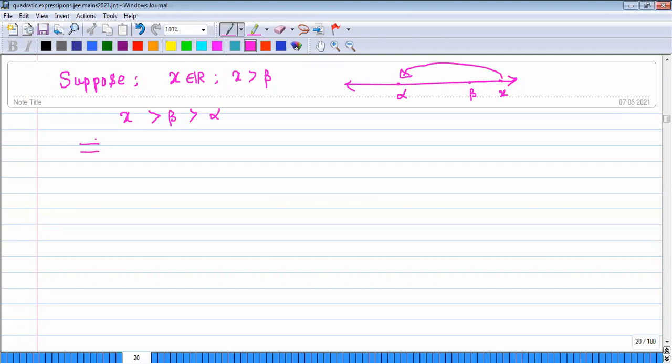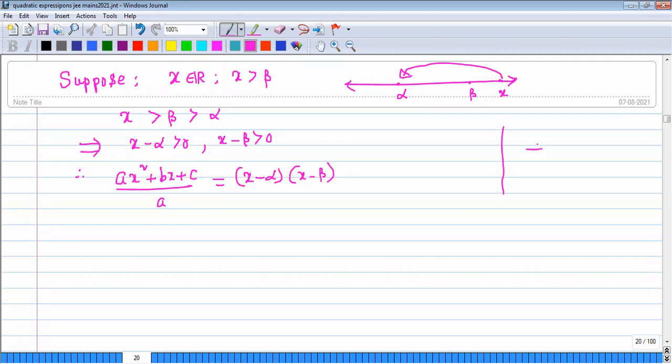That implies we can write x minus alpha greater than 0, x minus beta also greater than 0. Both are positive. So now ax square plus bx plus c upon a is nothing but x minus alpha into x minus beta. X minus alpha is positive into x minus beta also positive.